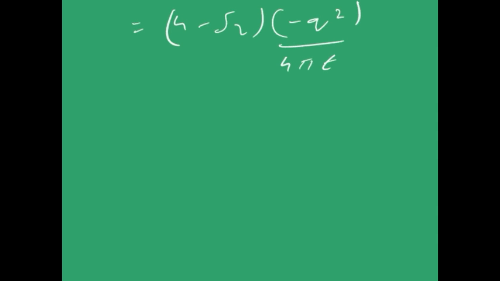That's just maths. You just do it. You will get something like (4 minus root 2) into minus Q square by 4 pi epsilon naught D.